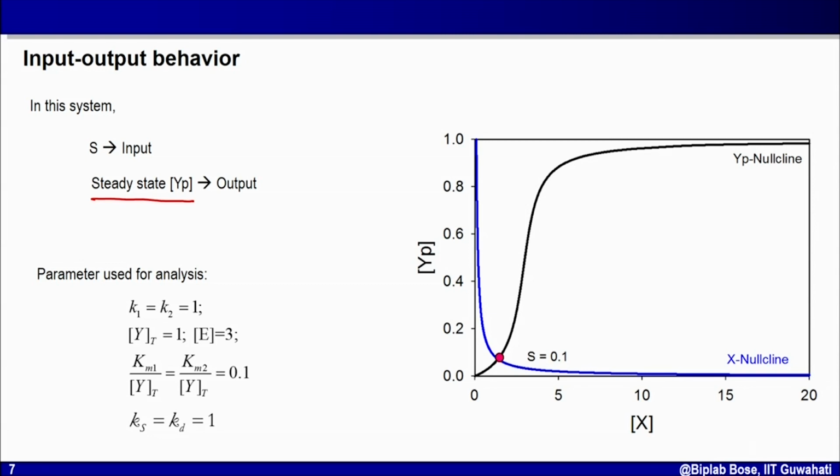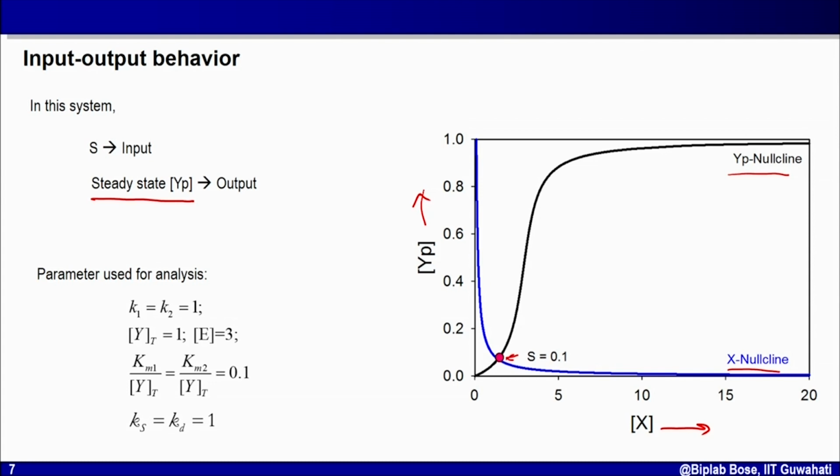What I have done here, I have drawn the phase plane plot with X on the horizontal axis and YP on the vertical axis. I have the X alkaline here in the blue line and the YP alkaline here in the black line. And their point of intersection is shown here by this red dot.